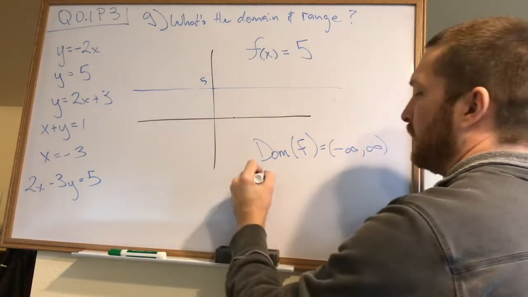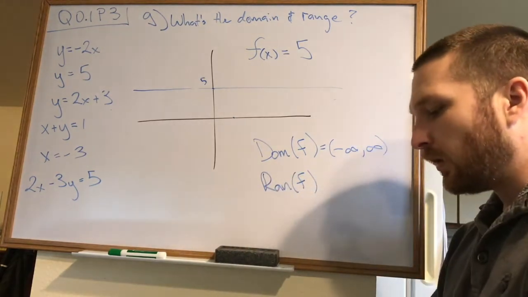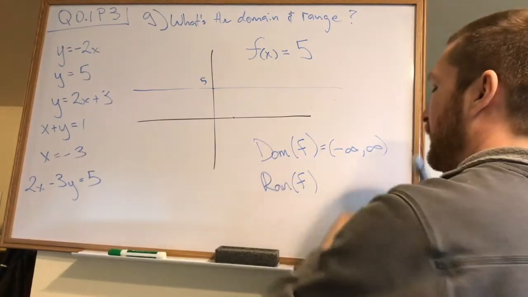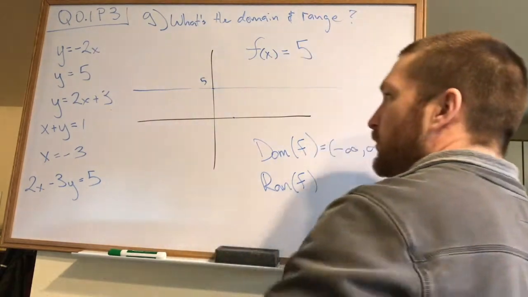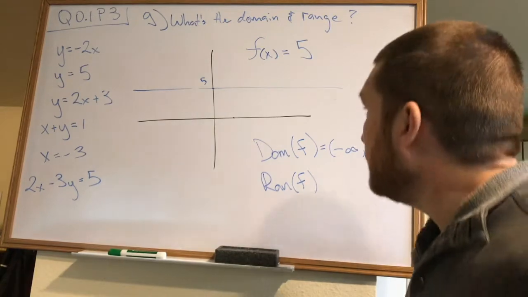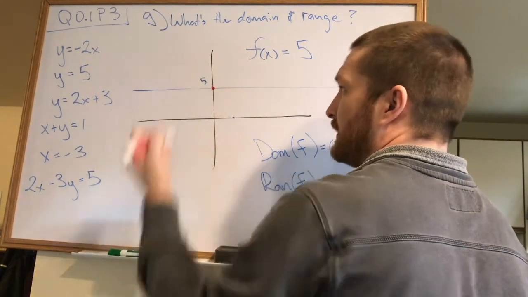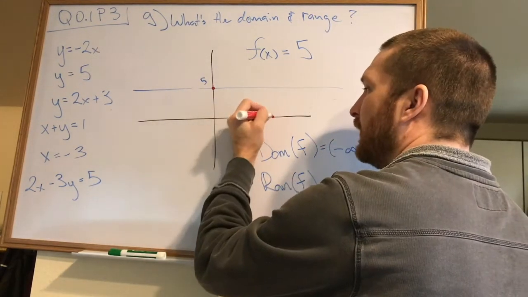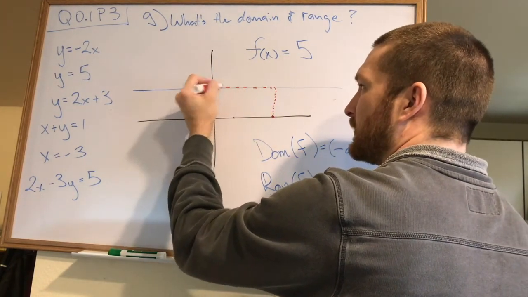Okay, what about the range? Well, we're looking at all the outputs. We're looking at everything that the output hits. If I were to shine a flashlight right here, what would get projected onto the y-axis? And we could see that the only value that is an output is that number right there. It's the only thing. It doesn't matter where you come from. If you come from here, the rule says, okay, take it and go to 5.